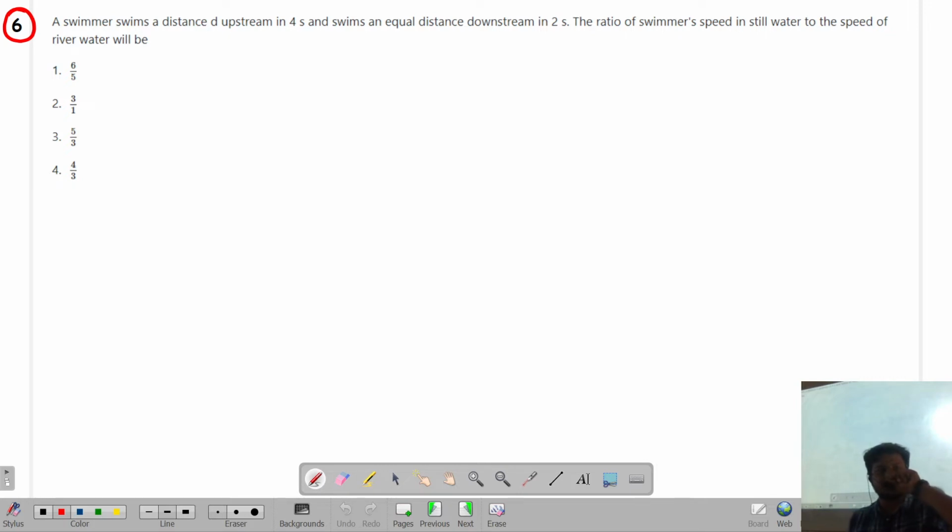Okay, now what it is saying: a swimmer swims a distance d upstream in 4 seconds and an equal distance downstream in how many seconds? 2 seconds. The ratio of the swimmer's speed in still water to the speed of river water will be.